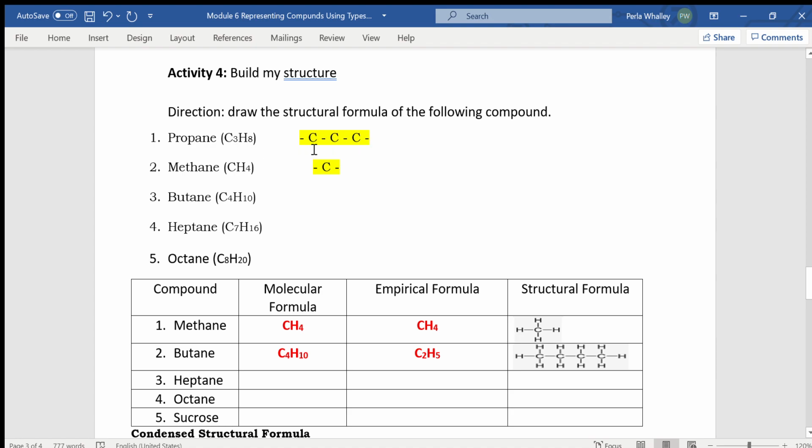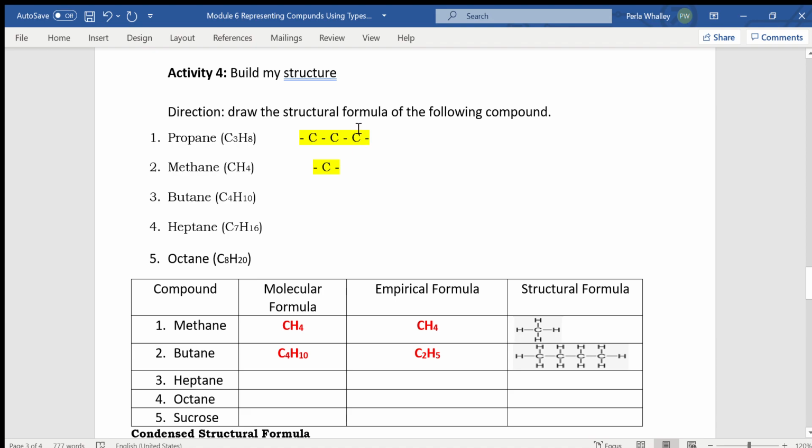So remember I mentioned that there are 4 bonds around the carbon atom. So we have 1 on the first carbon atom, we have 1 and 2. You put 1 here on top and another here below. 1, 2 for the second carbon atom, 1 here on top, 1 below. For the last carbon atom, we have 1, 2.